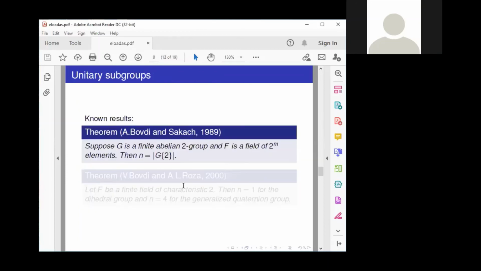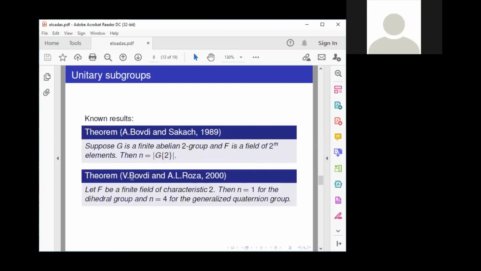We have some results in this area. Bodi and Szakacs proved that n equals G2 if G is a finite abelian 2-group and the field is finite. And Bodi and Rosa gave some examples for this conjecture. If we consider the dihedral group, for the dihedral group n equals 4, and for the n equals 1, and for the generalized quaternion group n equals 4.